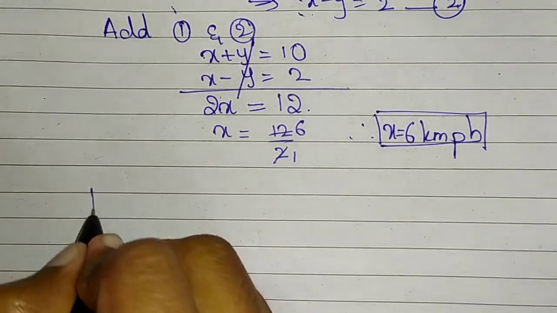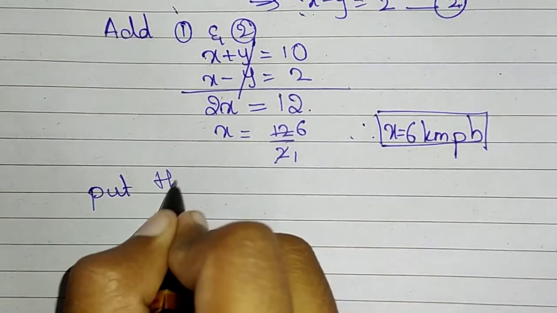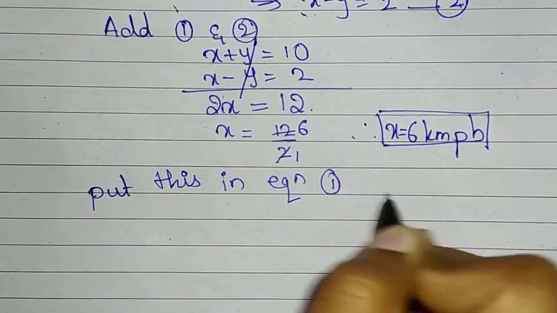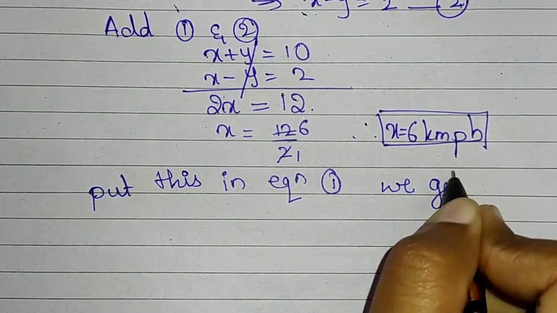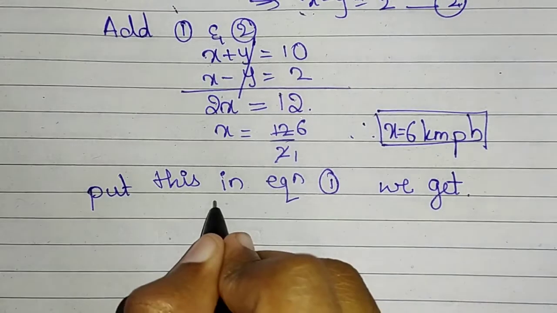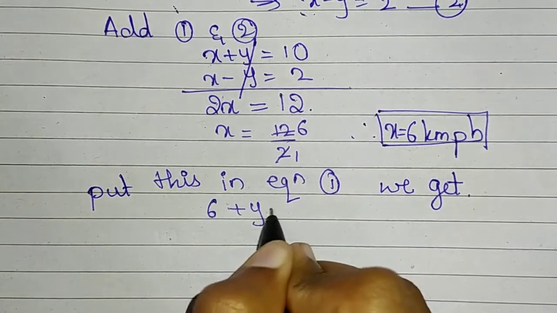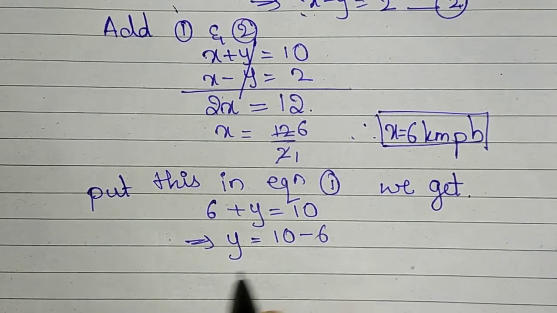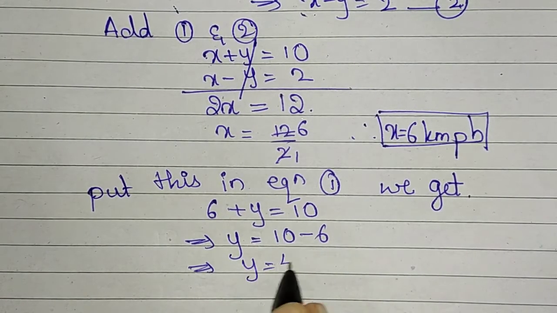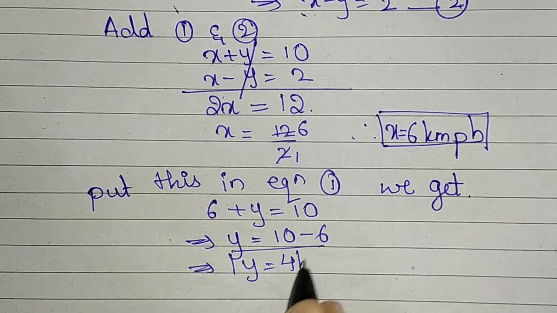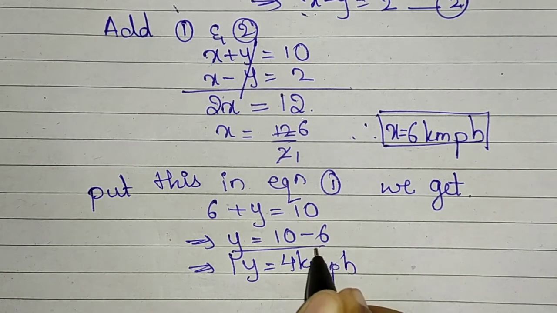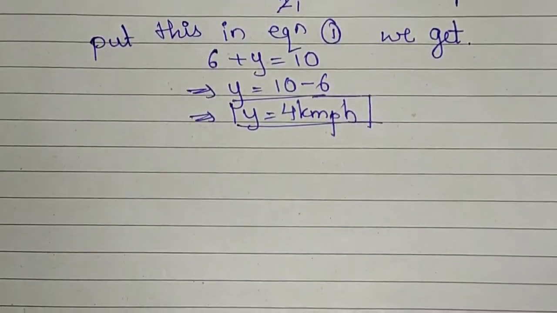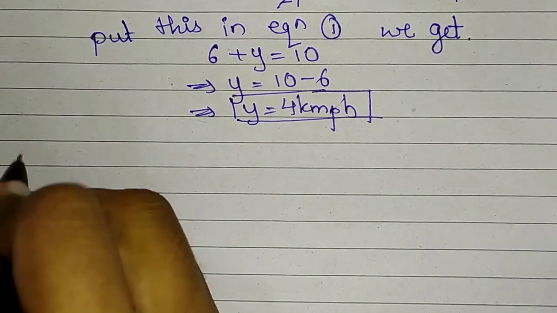Similarly, put this in equation 1. We get 6 plus y is equal to 10. This implies y is equal to 10 minus 6. This implies y is equal to 4 kmph. We are talking about speeds, so it is necessary that we write the units. So y is equal to 4 km per hour.